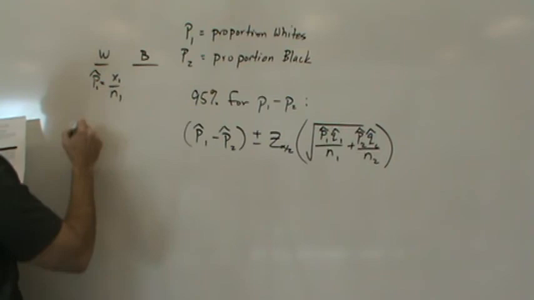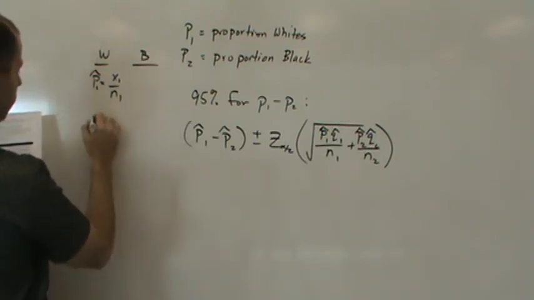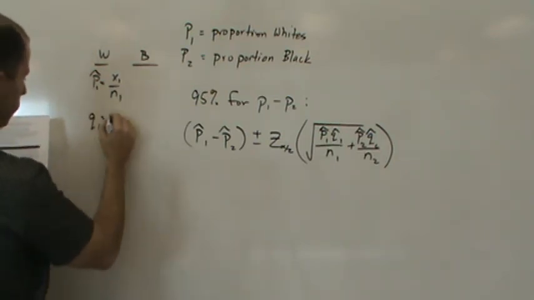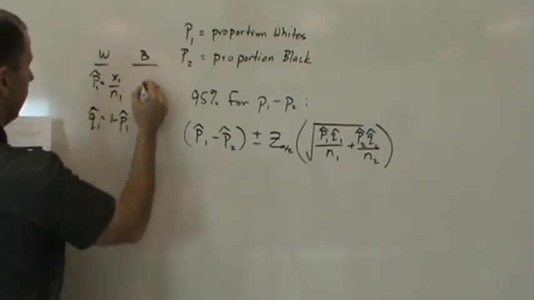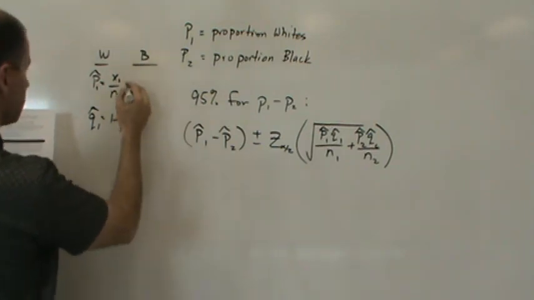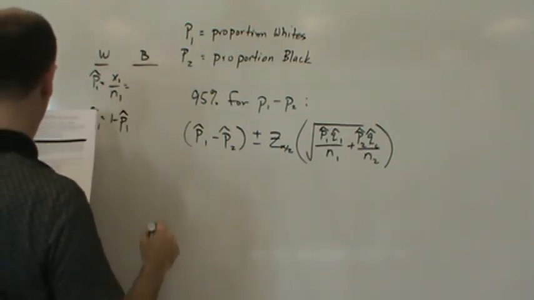So that's going to be P hat 1. And then Q1 is going to be equal to 1 minus P hat 1. If we just plug in the numbers, what's the answer going to be?